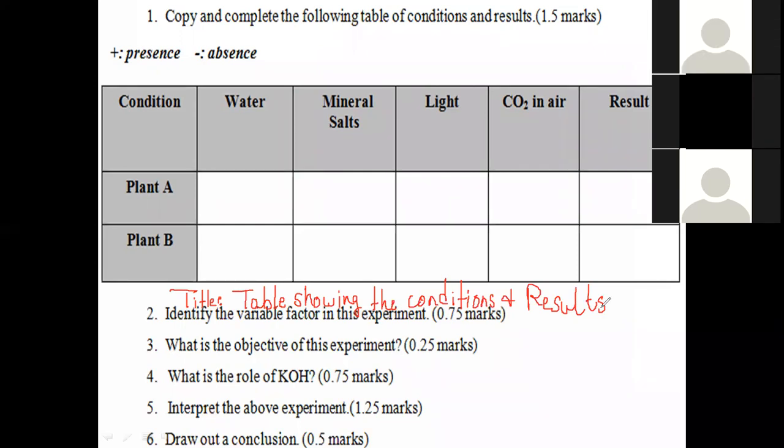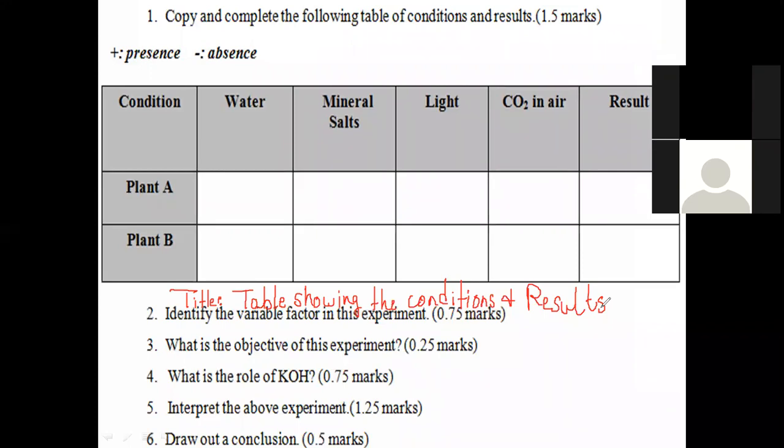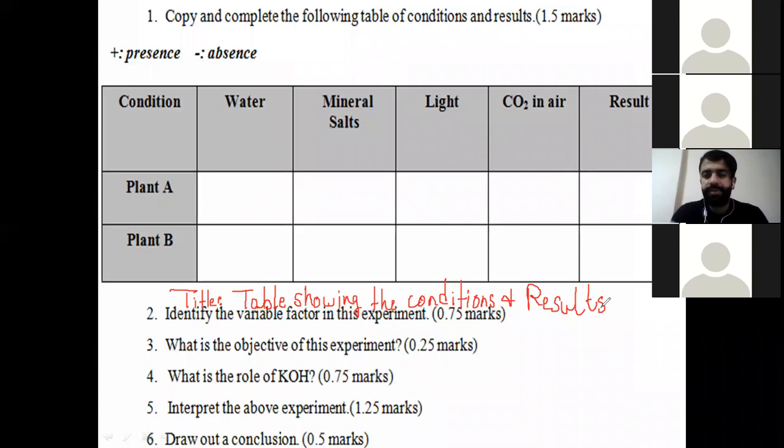Ali said that we have to put the title, table of conditions and results. So what is needed in addition to the title? What do we have to put? Great.